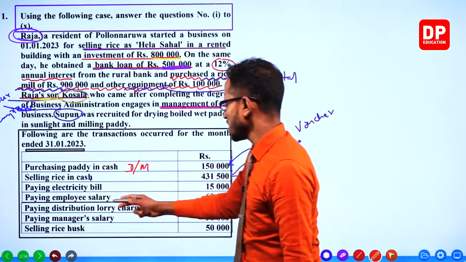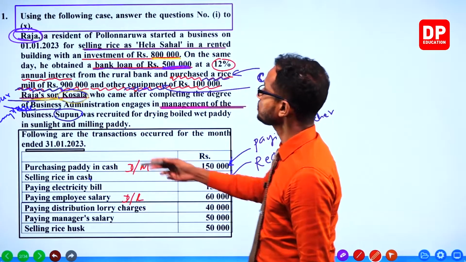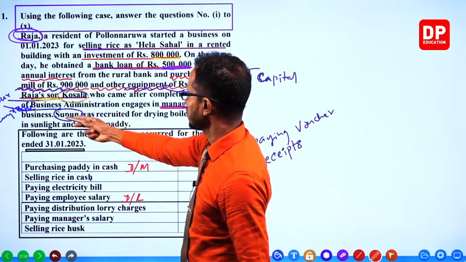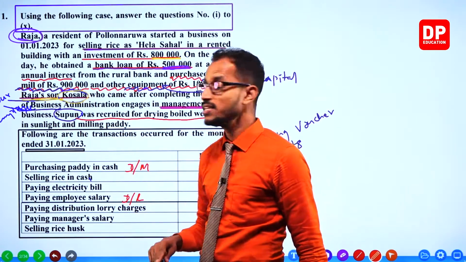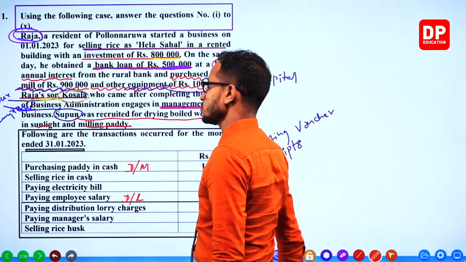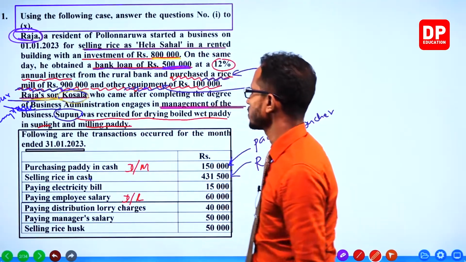Paying the employee salary. Supun was recruited for drying boiled paddy, drying in sunlight, and to work in the mill. That is a direct laborer.